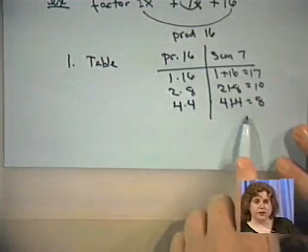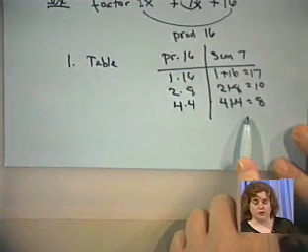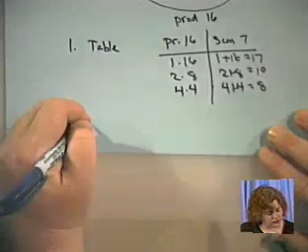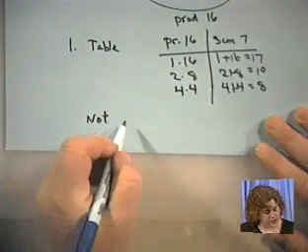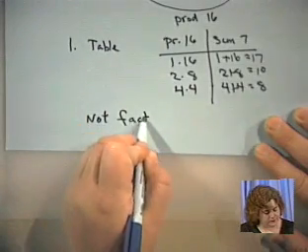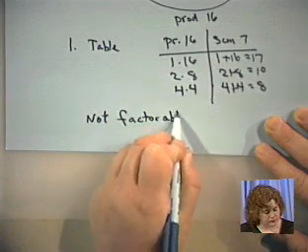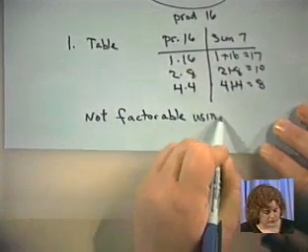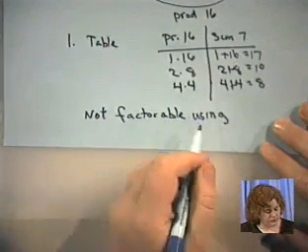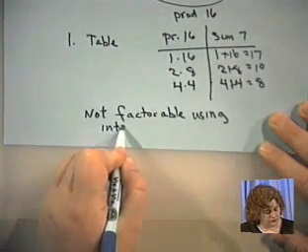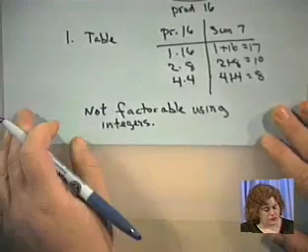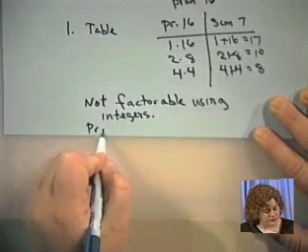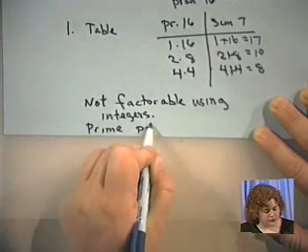The table is very useful in that when this happens, you can say, I can't factor this. After making your table, you would say that this is not factorable using integers. You could also say this is a prime polynomial.